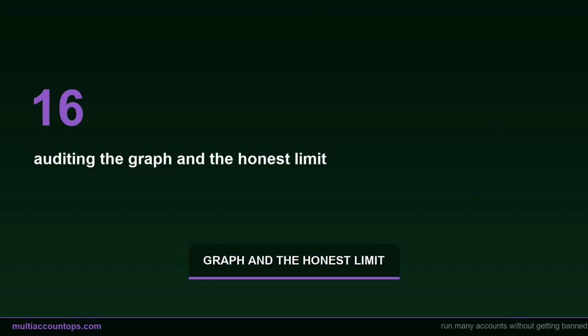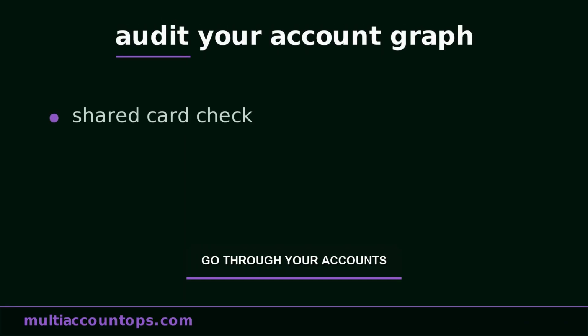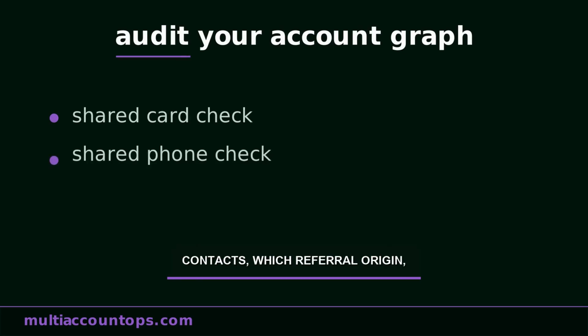Auditing the graph and the honest limit. Because these links hide in settings you rarely look at, audit them deliberately. Go through your accounts and ask what they secretly share: which card, which number, which email, which contacts, which referral origin, and fix any overlap before a ban wave finds it for you.